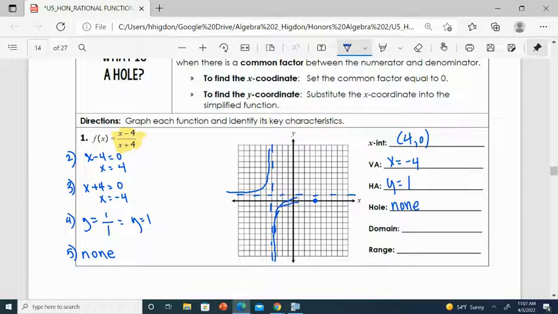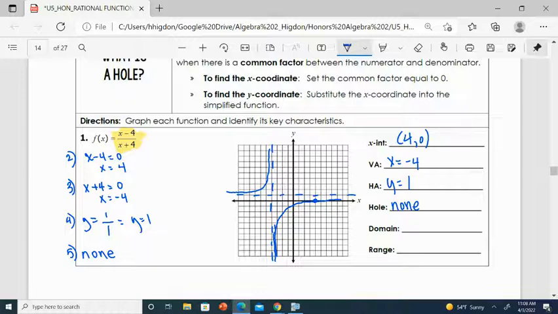Now, if I wanted this to be a little more precise, I could certainly go to my table of ordered pairs and make this look a little better by finding some ordered pairs that hit nice and pretty. But I really just care that you know what a vertical asymptote is, a horizontal asymptote, your x-intercepts, your holes, things like that.